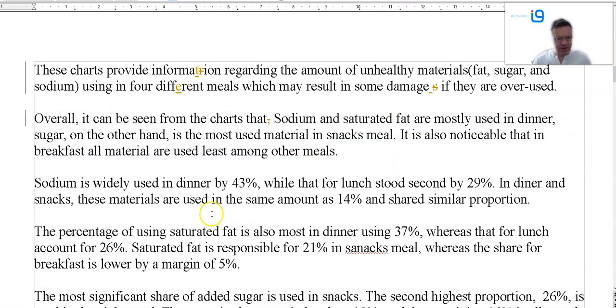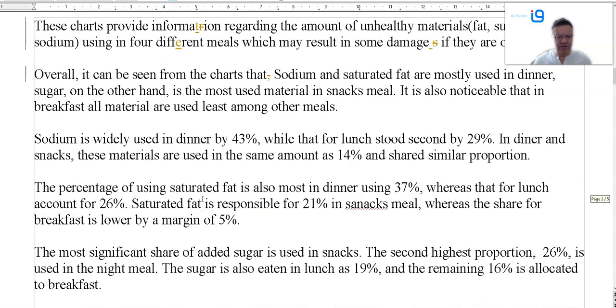So sodium dinner by 40%, right, for lunch at second. So right. So what they've done then, kind of here, is instead of me going breakfast, lunch and dinner, they've done sodium, fat and sugar. So if you do that though, there's a danger here, and it's not snacks, meal.